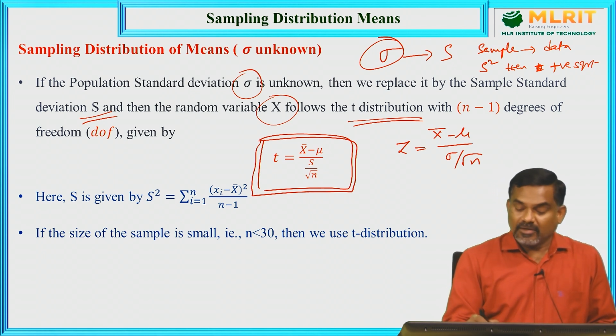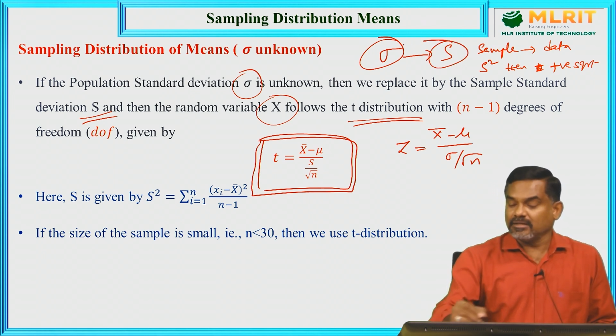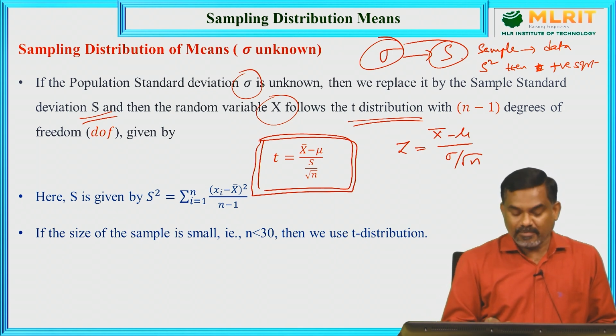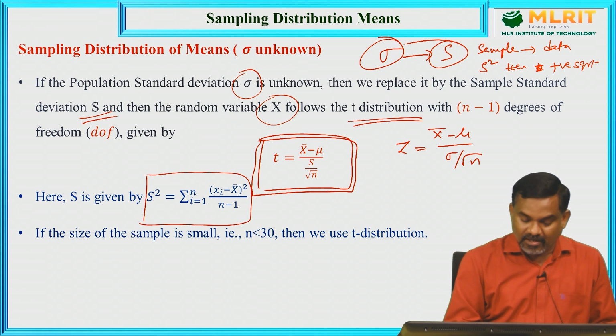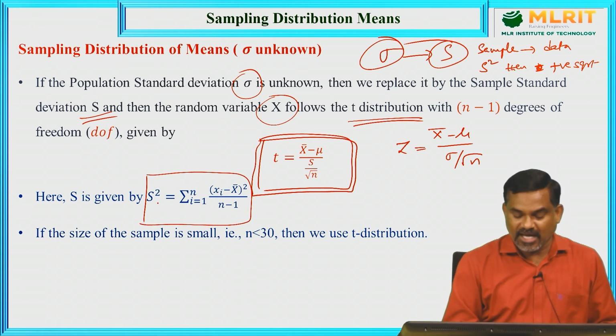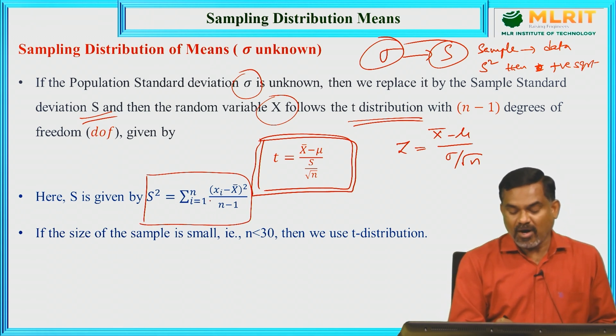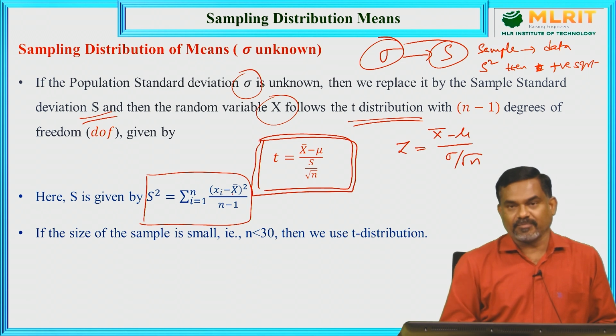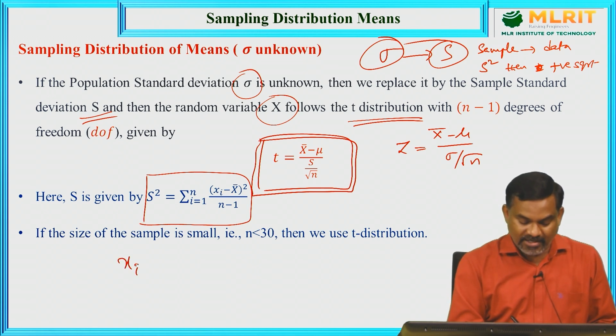And here this standard deviation of the sample can be obtained using this formula. The variance S square is calculated as the sum of squares of deviations, so xi minus x bar whole square. What does it mean?